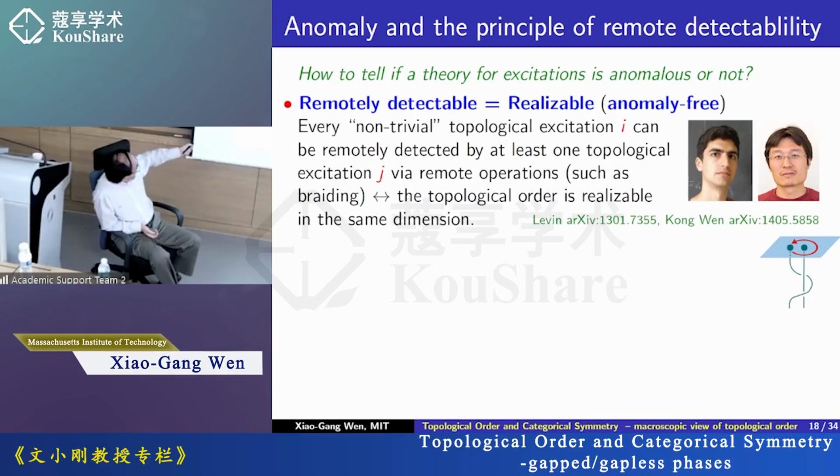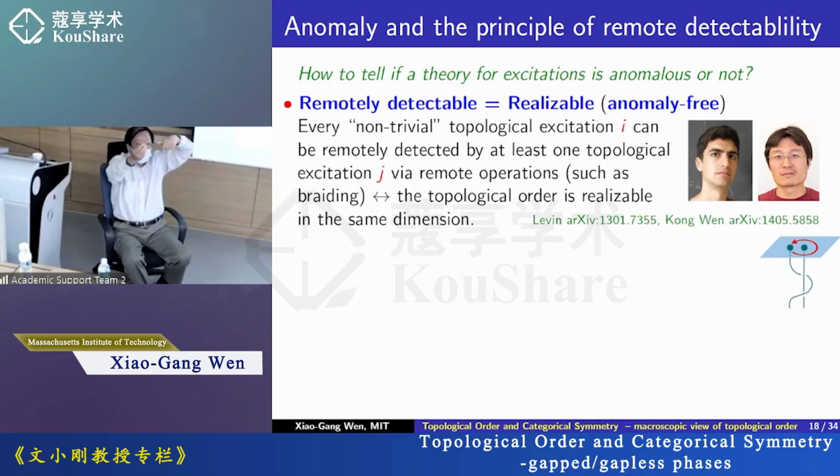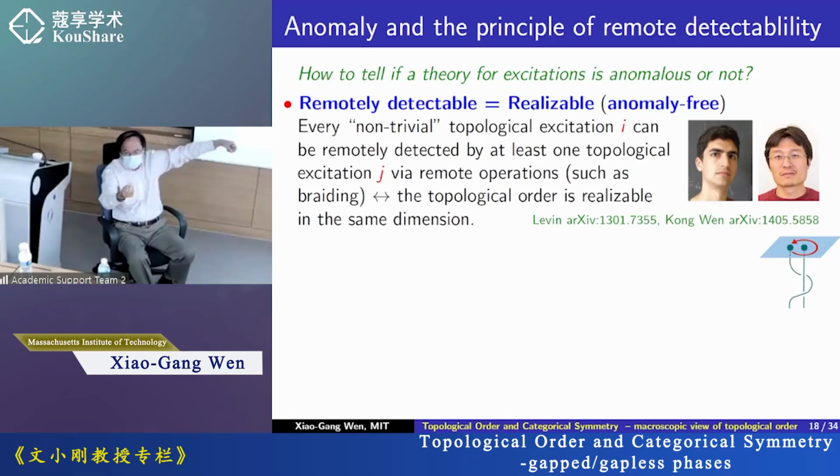One way to probe remotely is braiding. One particle is a detector, and you braid around the first particle and see the phase. This mutual statistic is like a remote detector, like detecting the magnetic flux of a vortex, telling you this is a topological soliton with non-trivial structure at infinity.